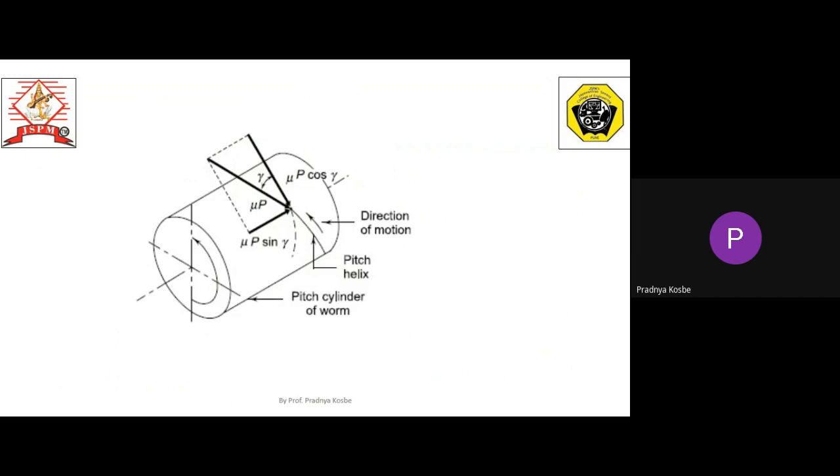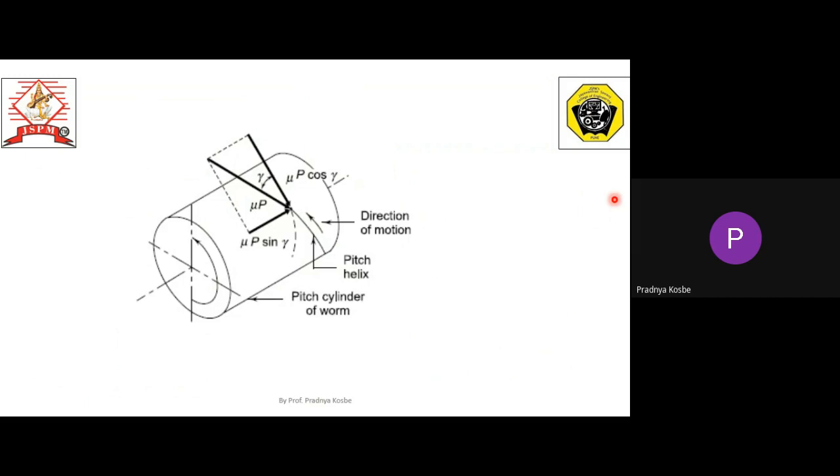Okay, so the resultant frictional force is mu P, where mu is the coefficient of friction, and the direction of the frictional force, as shown in the figure, is along the helix, and it will be opposite to the direction of rotation.